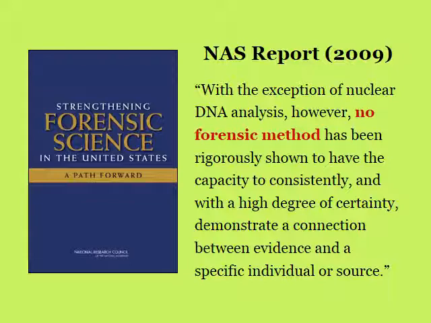In other words, the takeaway message from this report is there's really not good evidence that any of these forensic sciences, other than DNA, can actually do what they claim to be able to do, can actually match a shoe print to a shoe, or a blood spatter to an injury, or a handwriting to a particular person. The evidence just doesn't exist.